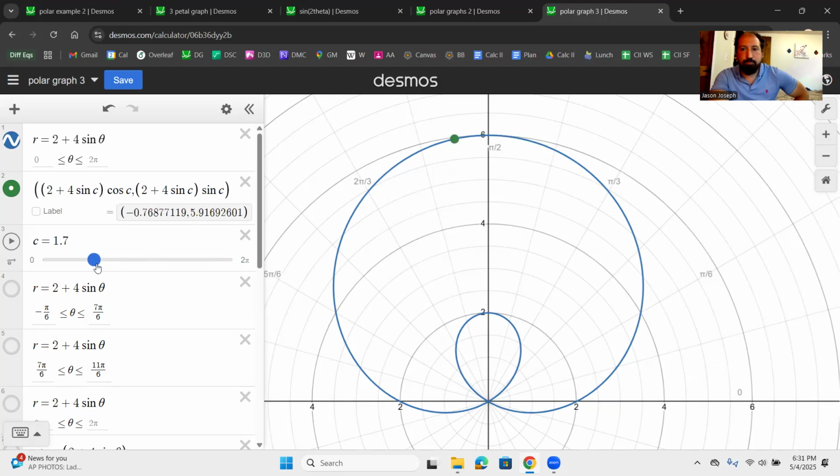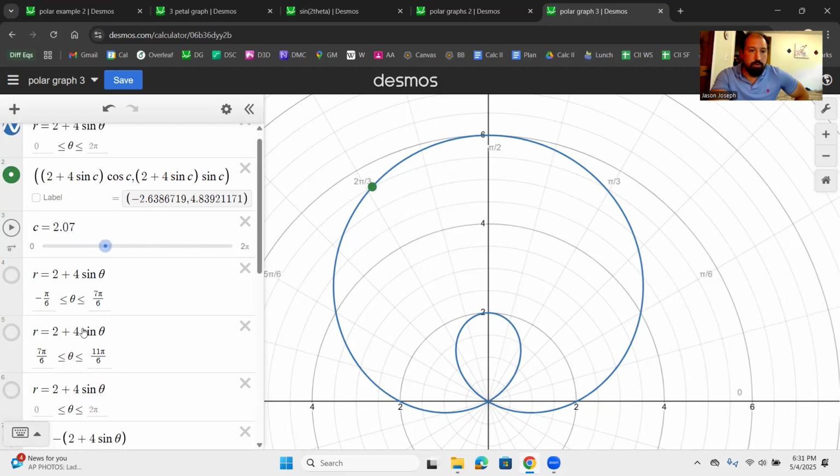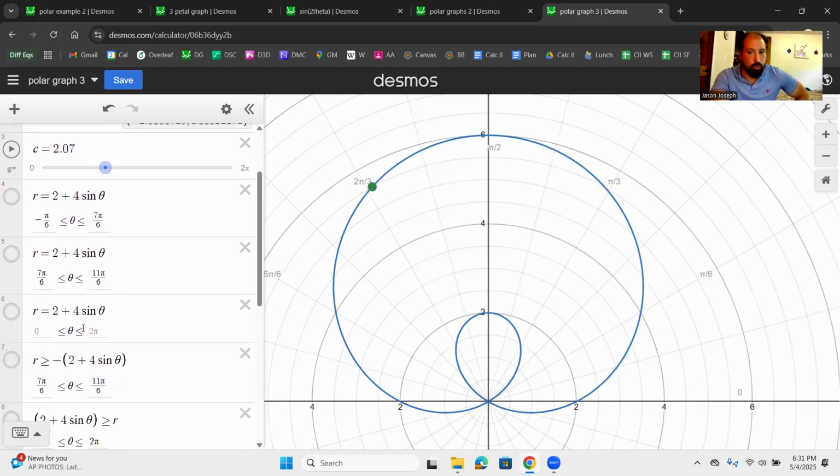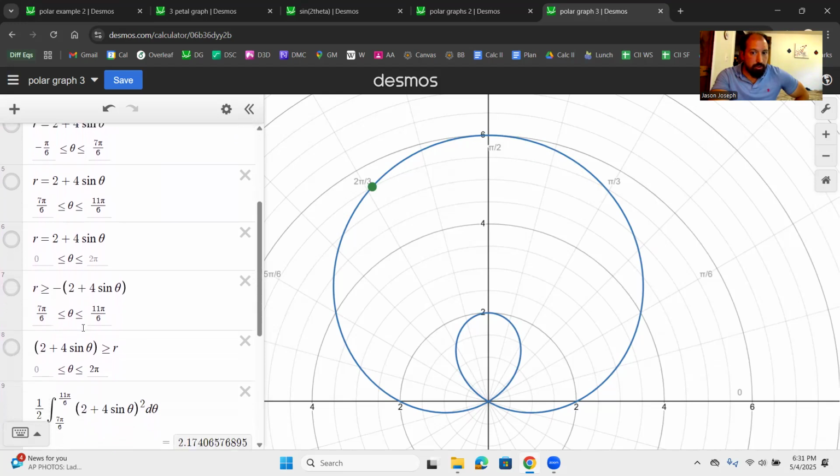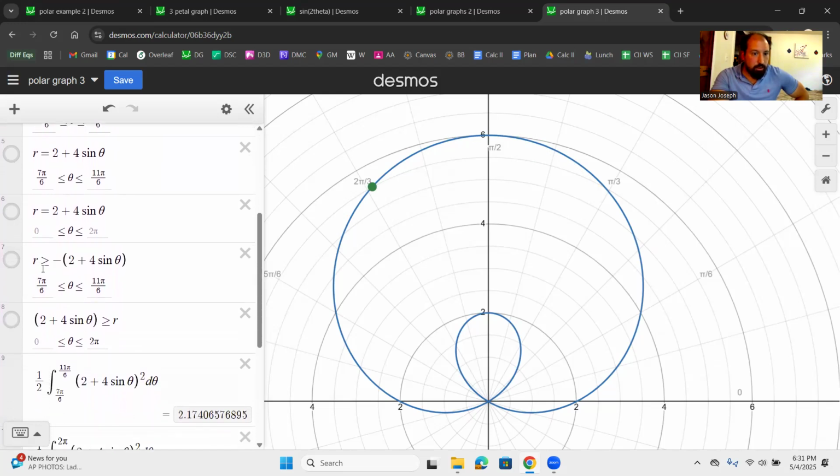So if I did one full revolution, 0 to 2 pi, or I'm going to do minus pi over 6 to 11 pi over 6, that will compute the full bounded region here, including the inner loop.